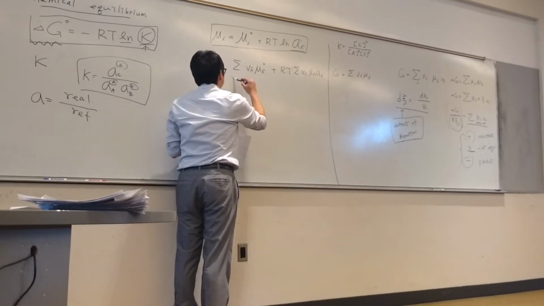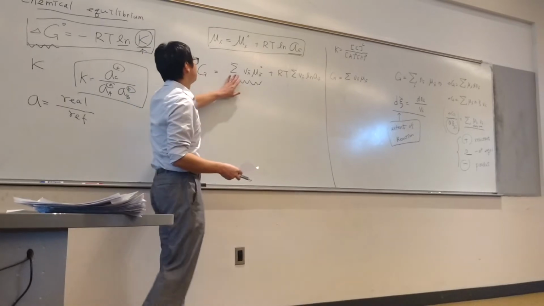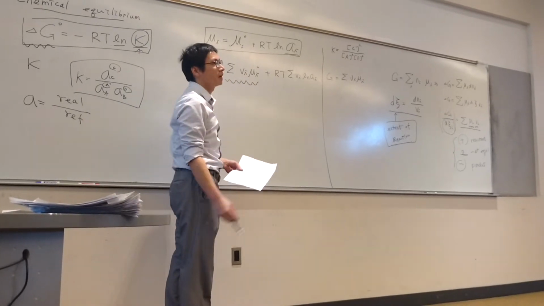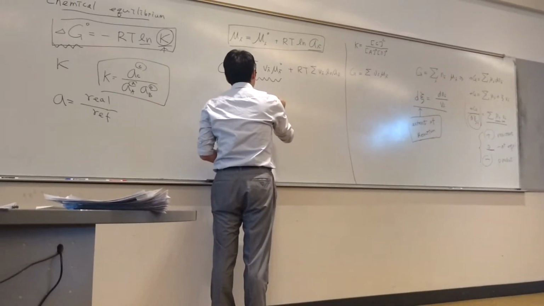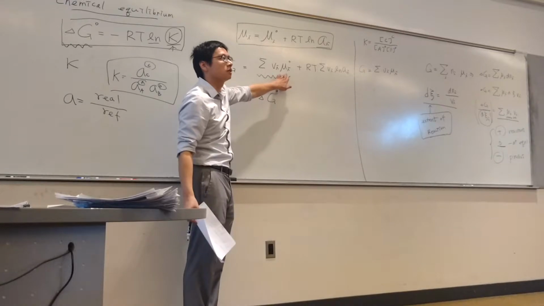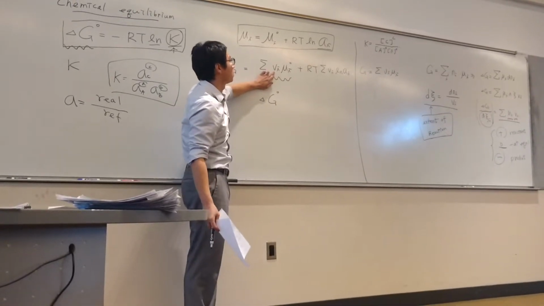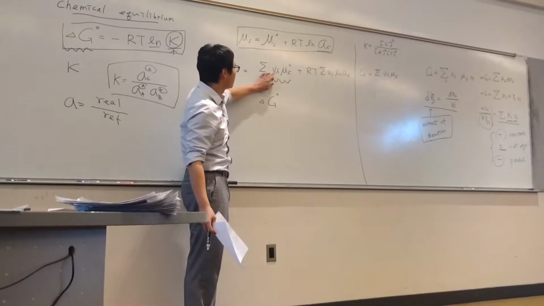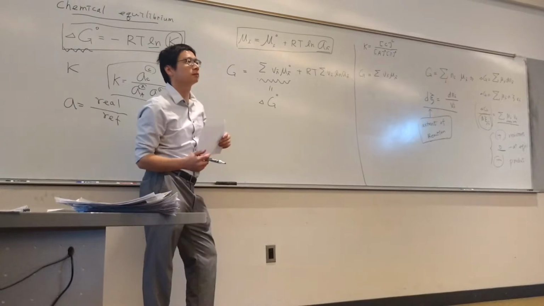You should see the first term is the summation of v i times mu i naught, and this is actually your delta G naught, because it's all under standard states, and you're taking into account all the species and their stoichiometry coefficients. Therefore, this term is going to equal your delta G naught.